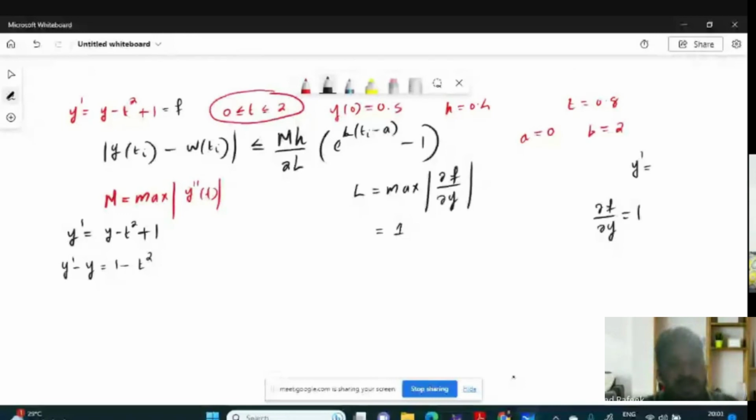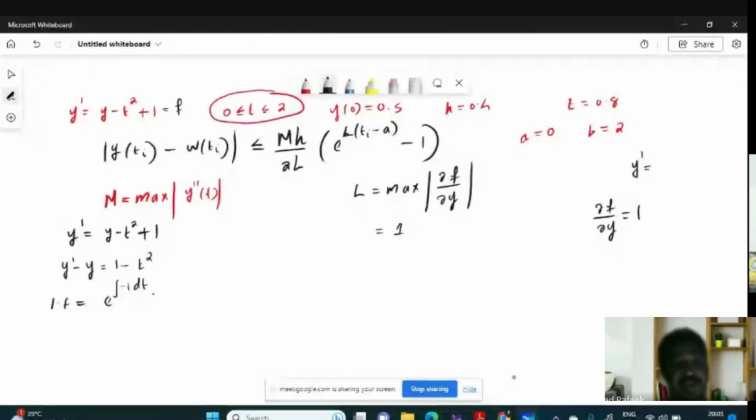You need to find the integrating factor, e power integral P of t dt. P of t is minus 1, so you will get e raised to minus t.